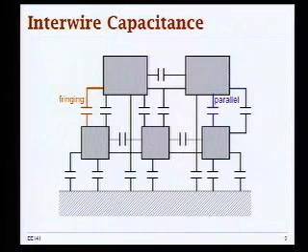And then we also said, well, this was just for a single wire running across dielectric material and our silicon substrate. But in reality, we have a lot of these levels of interconnect sitting on top of each other, and then we really need to start worrying about this interwire capacitance. So it's basically, where do these capacitances terminate?